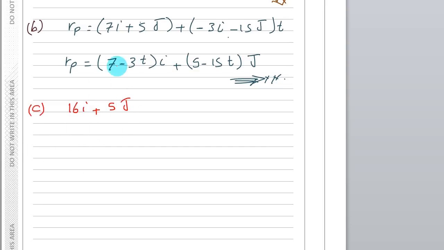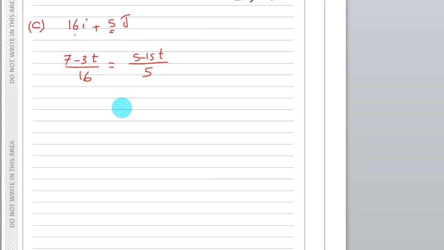So to be parallel, 7 minus 3t divided by 16 will equal 5 minus 15t divided by 5. Let us make cross multiplication now. So 35 minus 15t equal to 5 multiplied by 16 minus 15 multiplied by 16t.